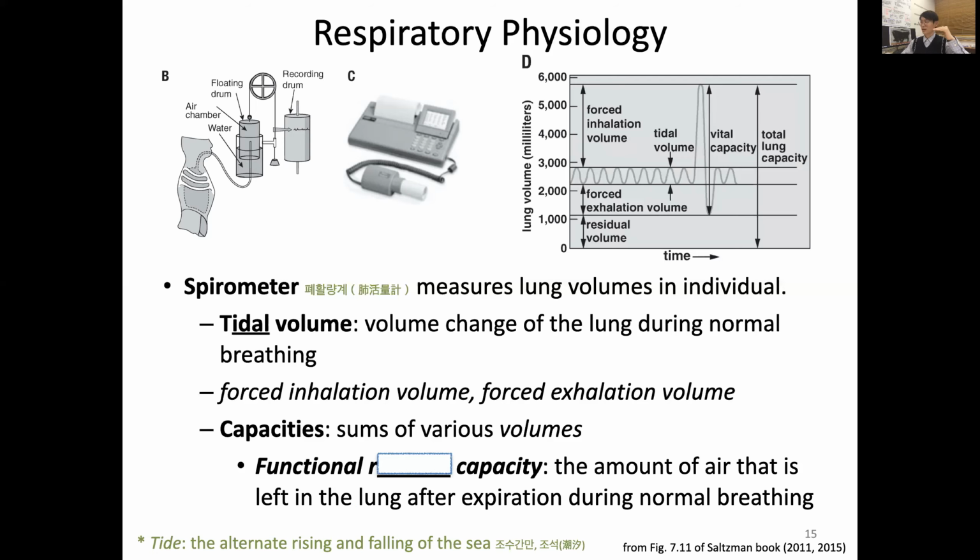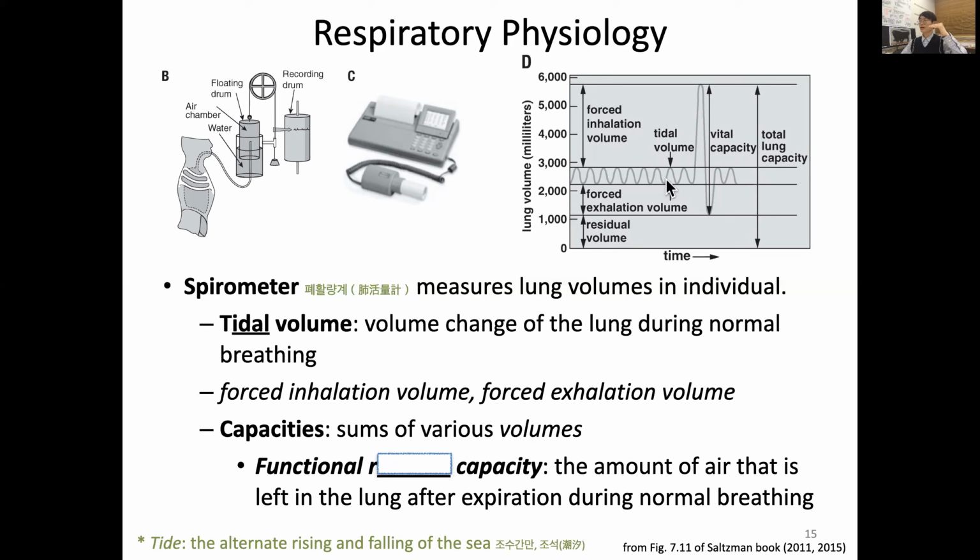Let's take a look at our lung volume over time. This is the normal tidal volume, which is about 500 milliliters. And I just did a forced inhale. This is the limit I can do, and then exhale, normal tidal volume.